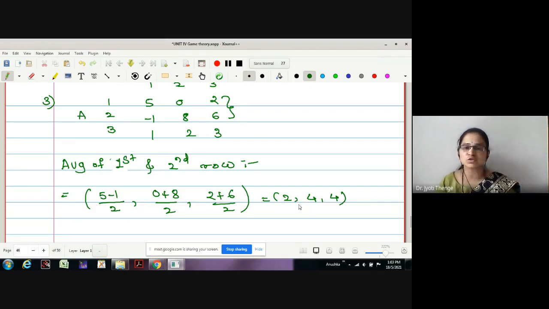But if I compare this 2, 4, 4 with the third row, okay, this is the convex combination, that is the average of the first and second row, which is 2, 4, 4. And if I compare this 2, 4, 4 with 1, 2, 3, therefore may I say the third row is dominated by this convex combination? Correct, na?